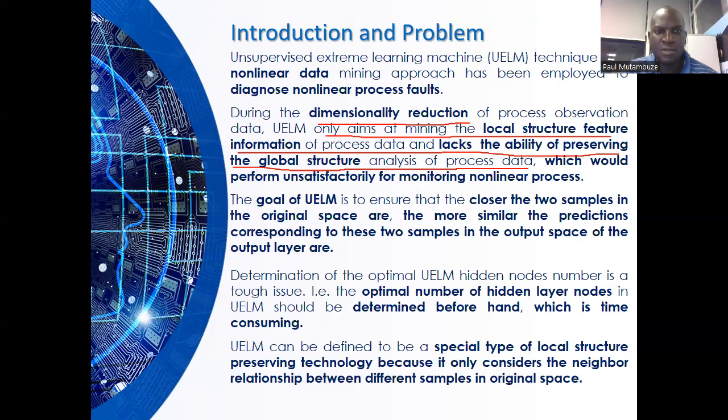The goal of UELM is to ensure the closer samples in the original data set are similar in the prediction corresponding to these two samples in the output space of the output layer.